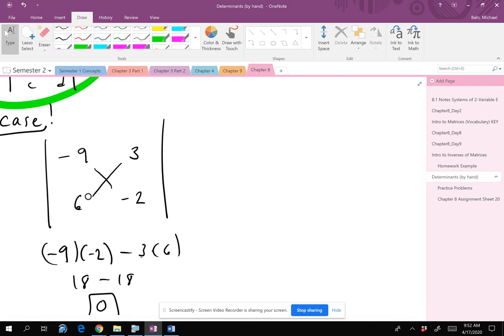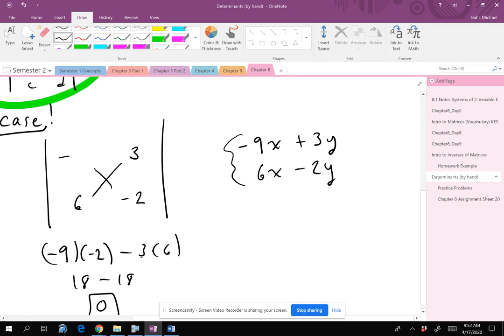Now, if I change this to a system of equations, the inverse doesn't exist because these are basically the exact same equation. It's the same slope. This top equation is just -1.5 times bigger than this one.